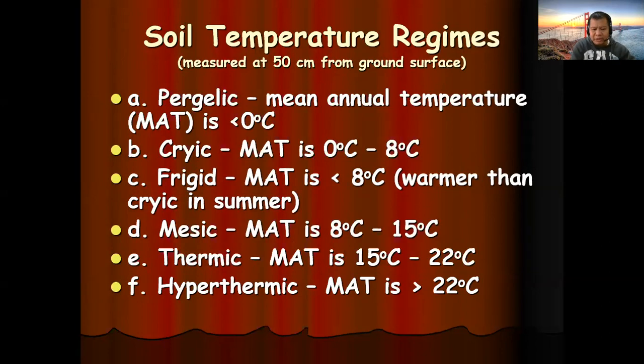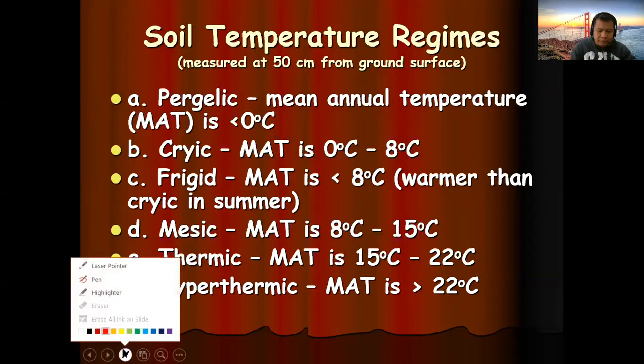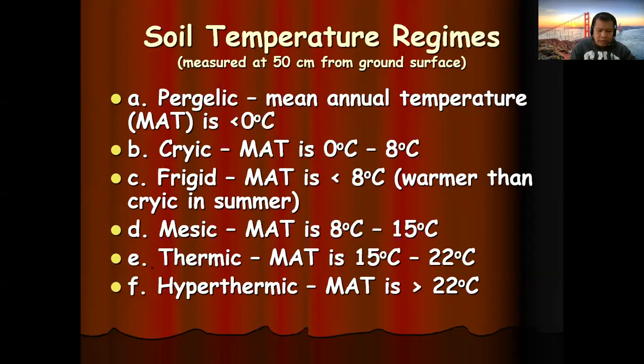When you see hyperthermic, it is higher than thermic, when the mean annual temperature is greater than, this is the greater than sign, more than 22 degrees Celsius within the control section. So take note of that.